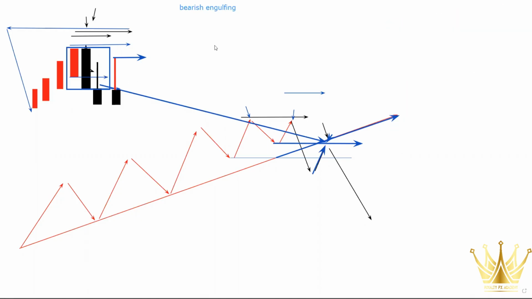A lot of time, what's going to happen is this. The next candle is just going to open, maybe go up a little bit, just maybe go up like so, okay? And then fall straight down, okay? It'll fall straight down without any retracement.